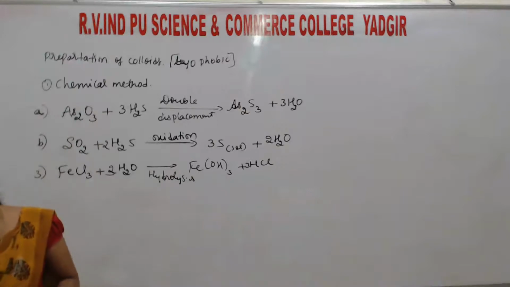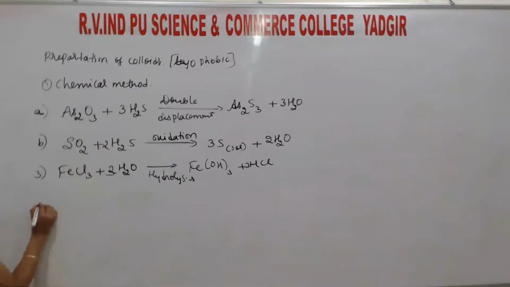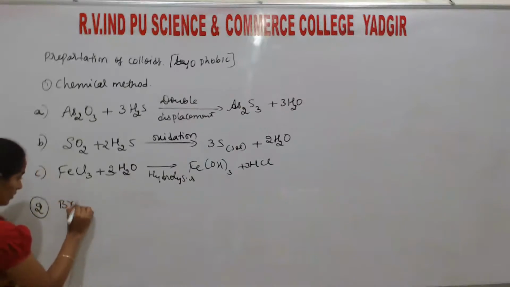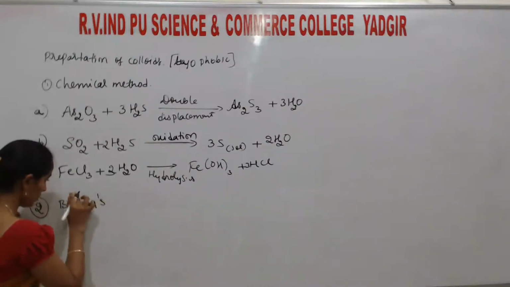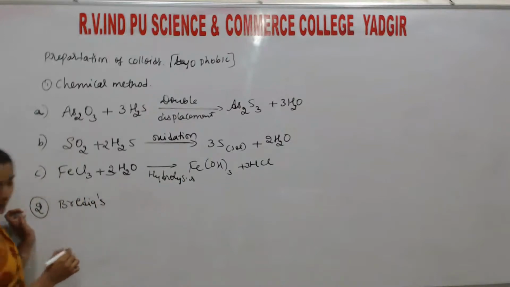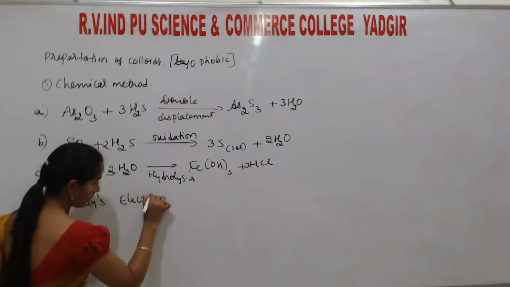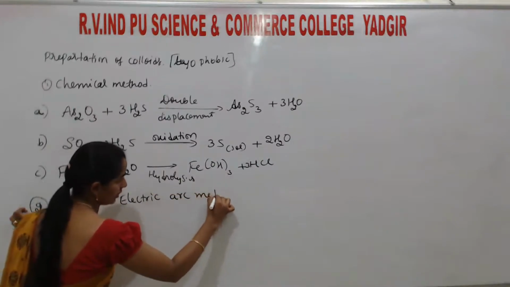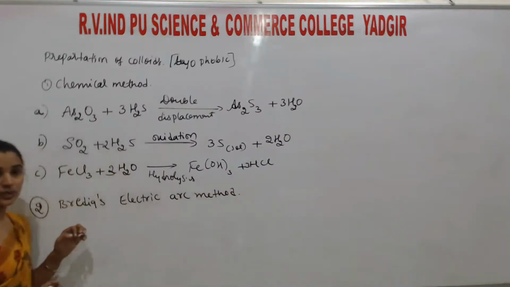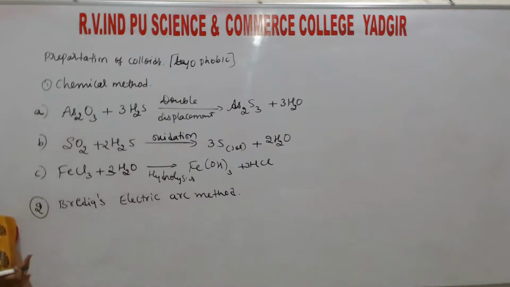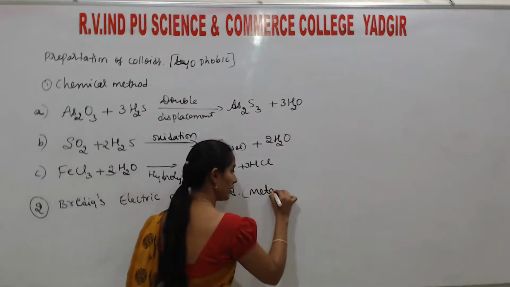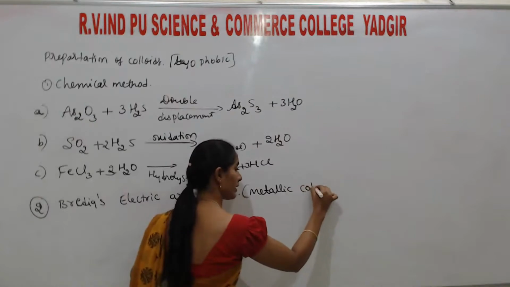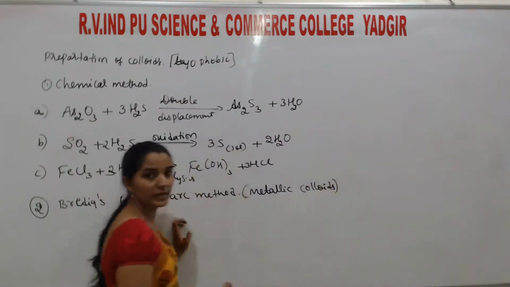The second method is the electric arc method. Students, this method is suitable for preparation of metallic sols or metallic colloids like gold, silver, etc.